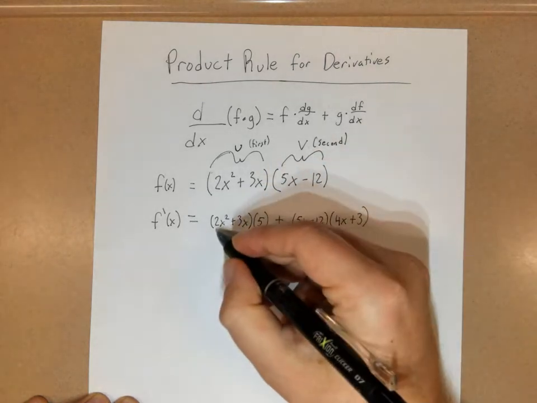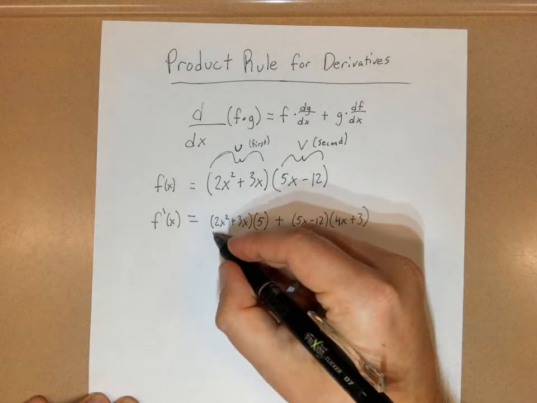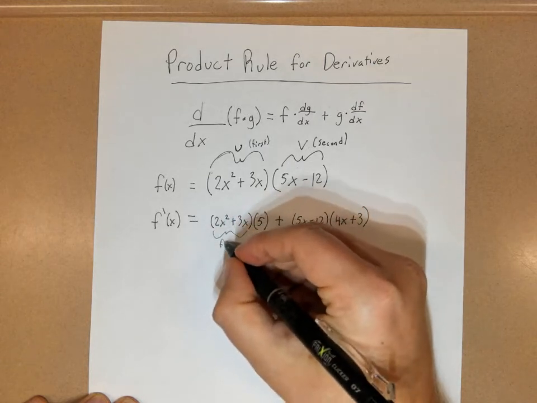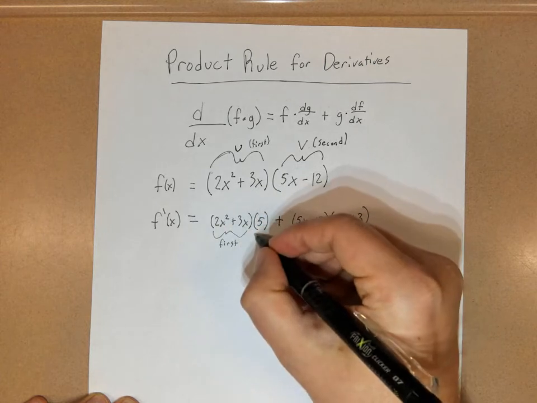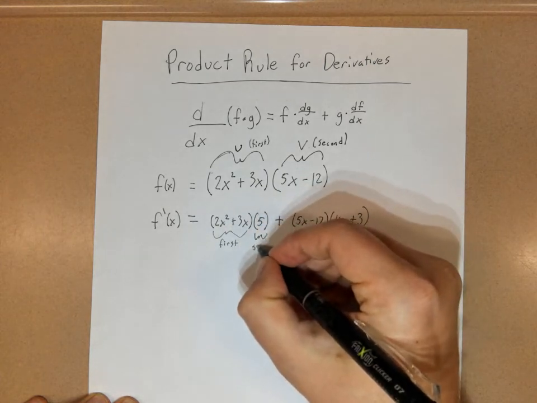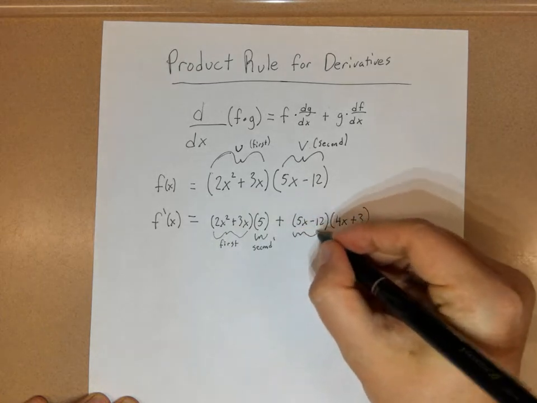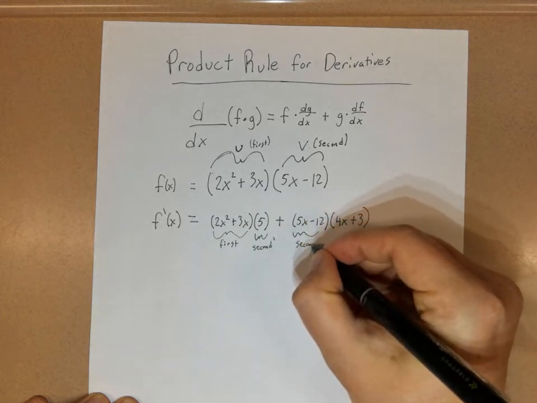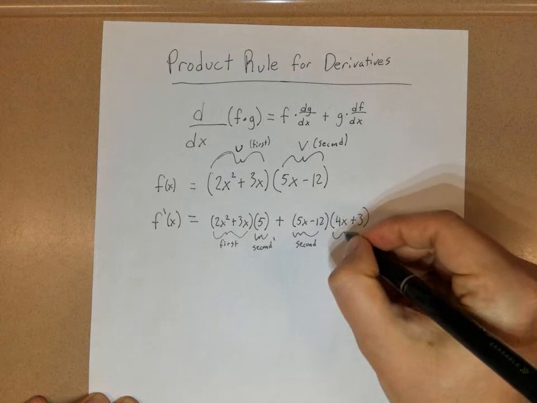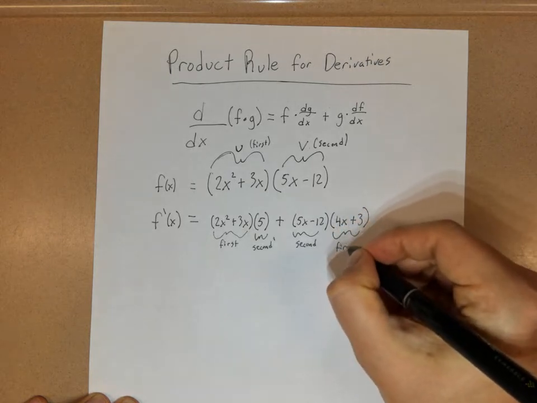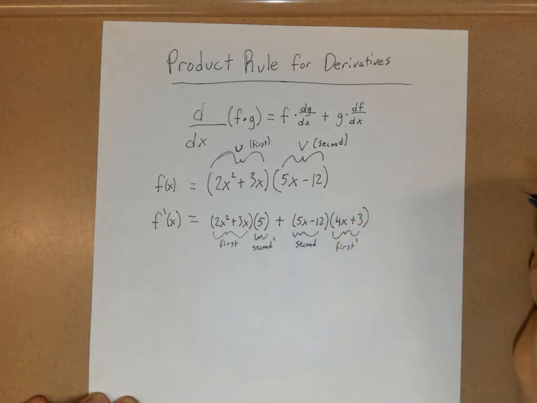And so here you see my first times the derivative of the second, so we'll call that second prime, and then here's my second equation, and then times the derivative of the first.